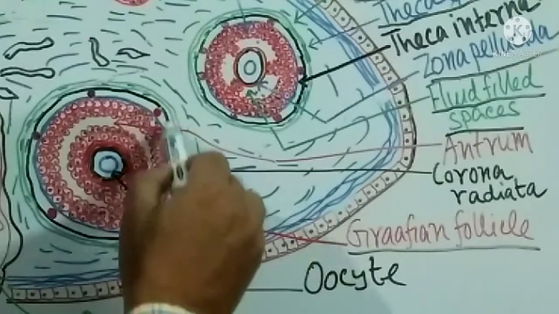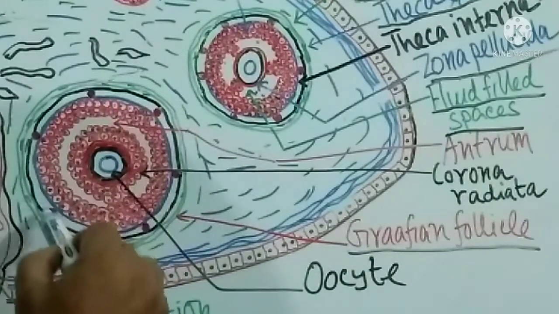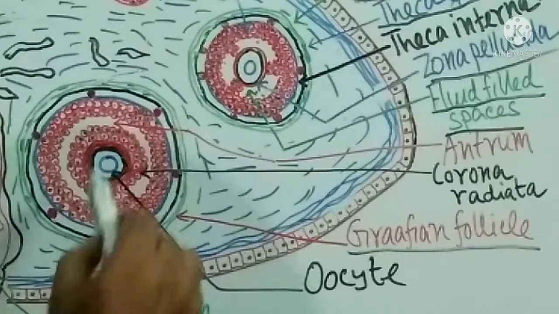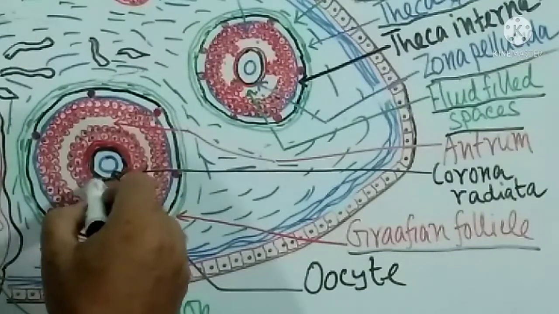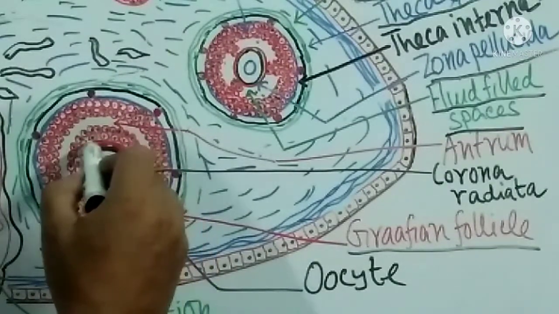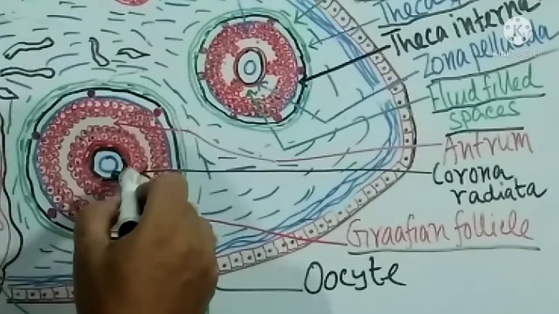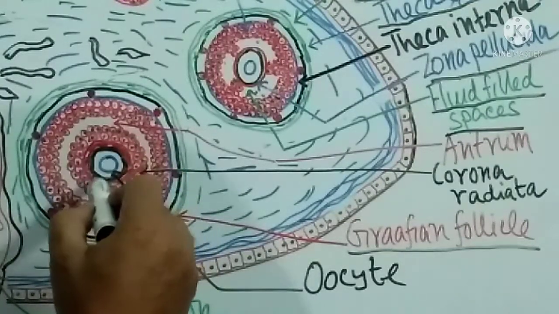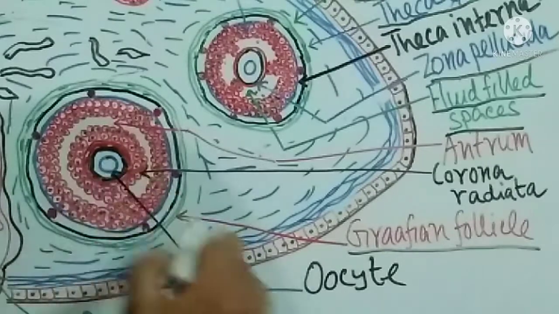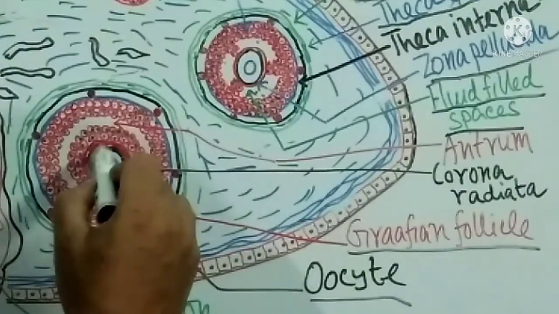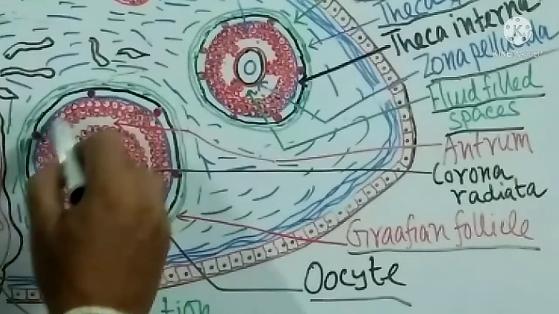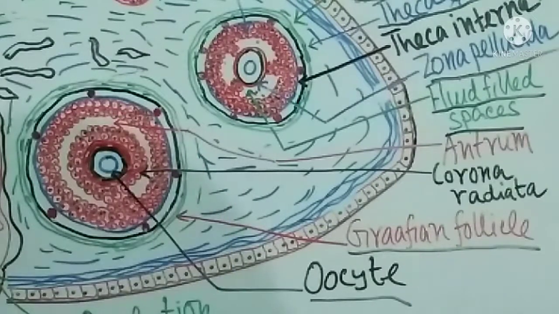It contains blood vessels, and this is zona pellucida, clearly seen, which separates oocyte, this is oocyte, from follicular cells.